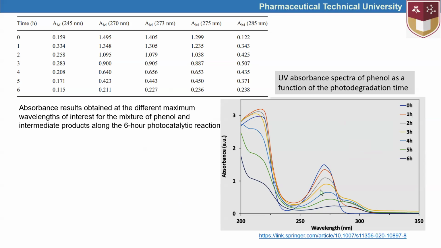It has the highest peak at around 270. And as time goes by from 0 to 6 hours, 360 minutes, the peak intensity lowered from 1.5 to 0.2.